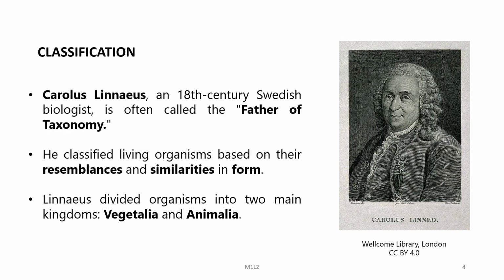All these morphological resemblances and similarities were considered by Carolus Linnaeus, and he divided the organisms into 2 main kingdoms, the Vegetalia and the Animalia. So, that was the simplest classification done by the pioneer of taxonomy.